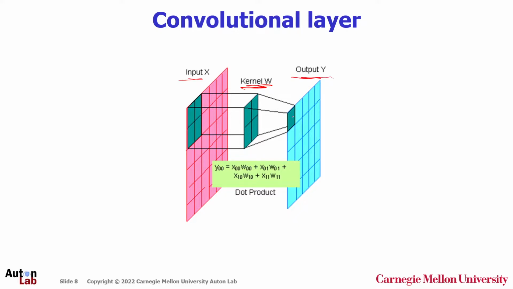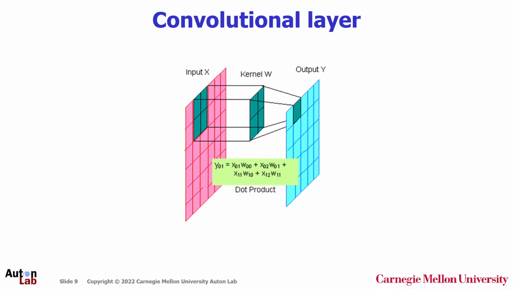The top left element, Y00, will be simply X00 times W00 plus X01 times W01 plus X10 times W10 plus X11 times W11. That is, we multiply this element with this element and then add the product of this element with this element, and the product of this element with this element, and then the product of this element with this element, and this sum will be the result of the convolution.